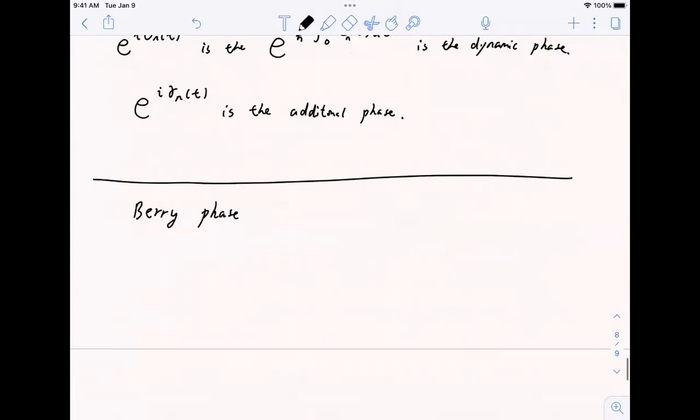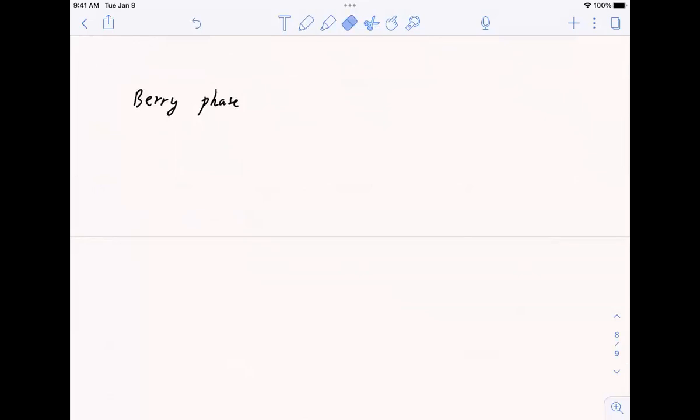I'll just start a new page. Berry phase.